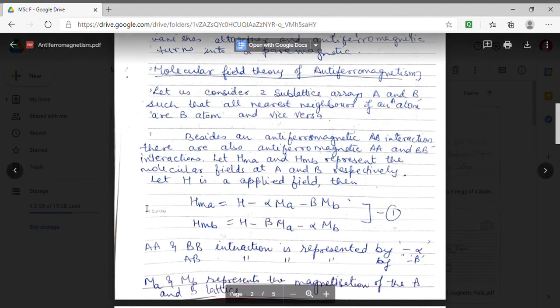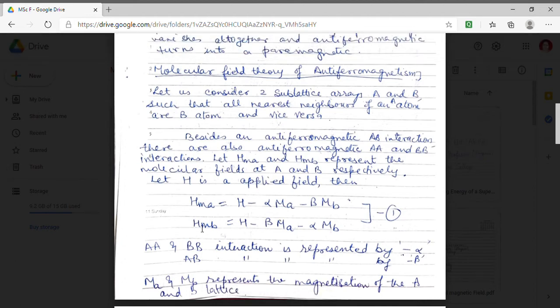Similarly HMB will be H minus beta Ma minus alpha Mb.